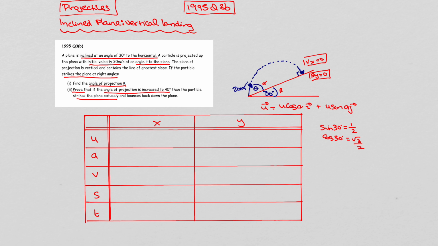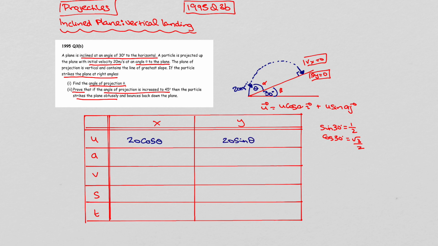So when we're filling in our table, we would normally say in the x direction U cos alpha, so that's going to be 20 cos theta. And in the y direction, that's going to be 20 sine theta.